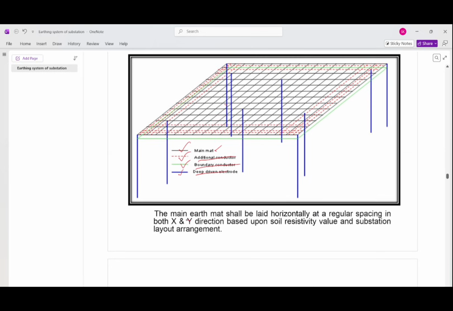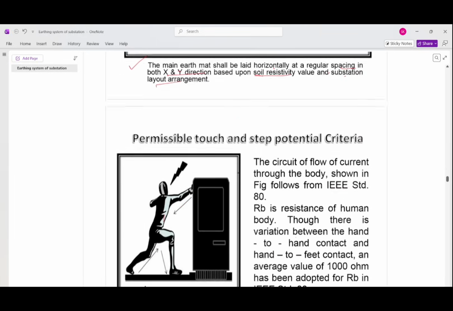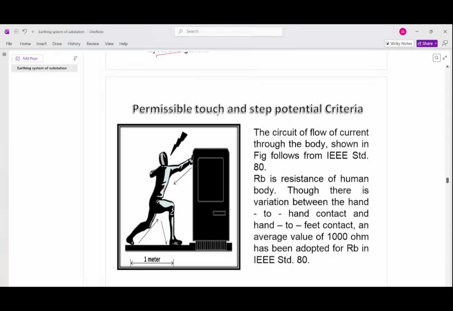So the main earth mat shall be laid horizontally at regular spacing in both x and y directions based upon soil resistivity value and substation layout arrangement. So this is also a very important one, how the mesh or grid is provided. Now, permissible touch and step potential criteria. The circuit of flow of current through the body is shown in the figure from IEEE 80.